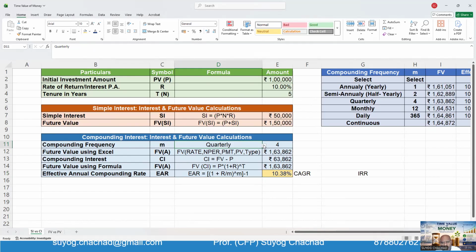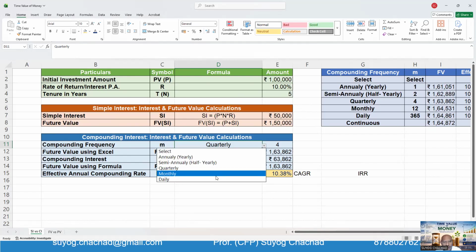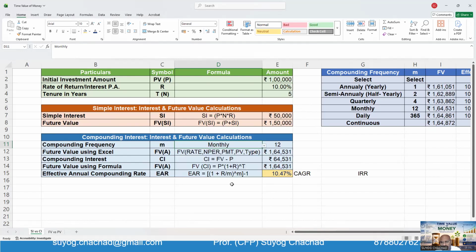So this is nothing but your effective annual growth rate. Even if you go for monthly, then it is 10.47 and so on. So as you increase the compounding frequency, definitely your final amount will also increase, along with the effective annual rate, which is nothing but your CAGR or IRR.